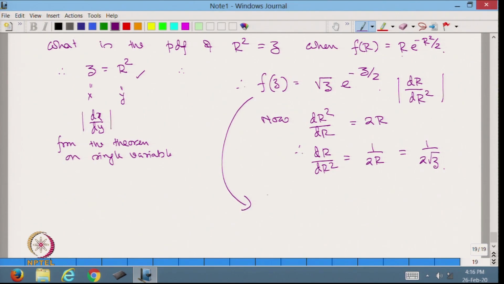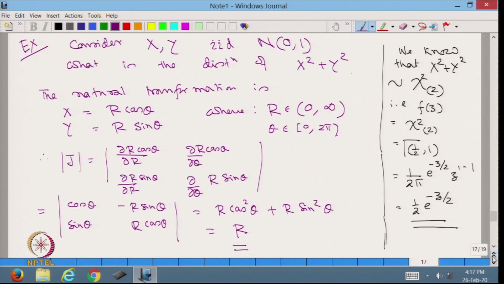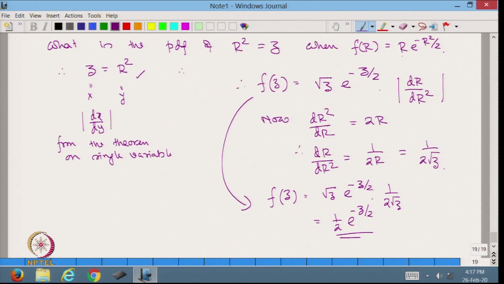Therefore, putting here we get f of z is equal to root over z e to the power minus z by 2 into 1 upon 2 root z, is equal to half e to the power minus z by 2. Go back to the result we obtained. We see that we have got the same result here.